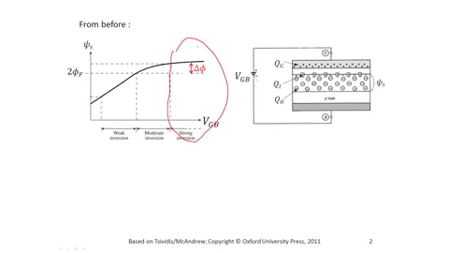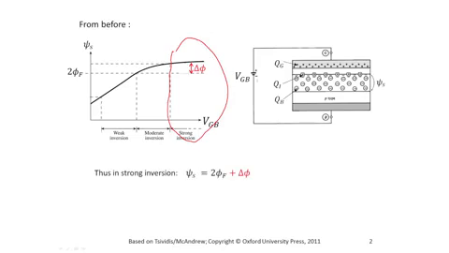It's not negligible, especially these days that we're talking about very low voltage circuits, and the total voltage you may apply on a device might be a fraction of a volt, so you cannot be ignoring things like that. So now the total potential here in the strong inversion region is 2φF plus Δφ.